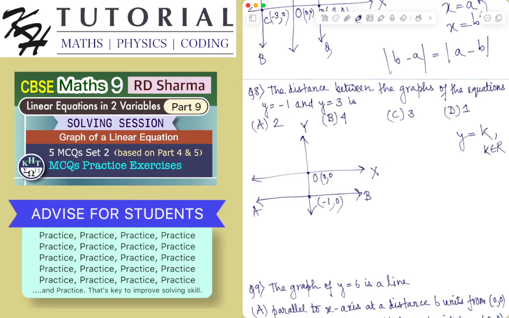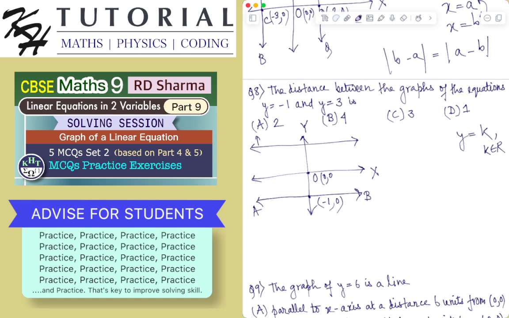What will be the graph or line of the equation y equals 3? 3 is positive, and so it will be a line parallel to the x-axis and at a distance 3 units above the x-axis.